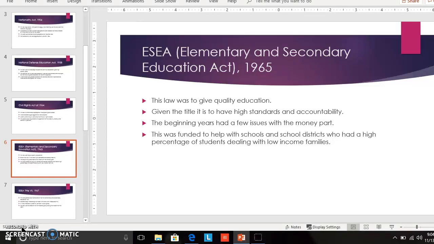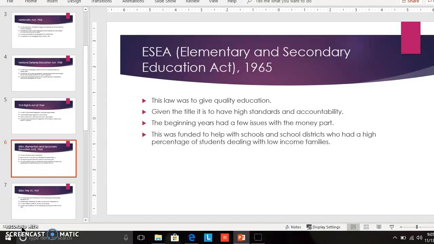The next one I talked about was the ESEA. The ESEA is known as the Elementary and Secondary Education Act, and this one occurred one year after the Civil Rights Act, in 1965. This law was to give quality education.